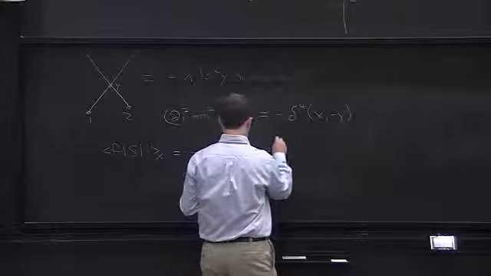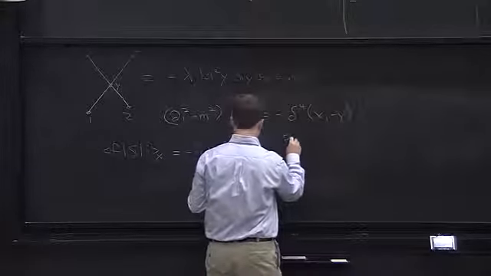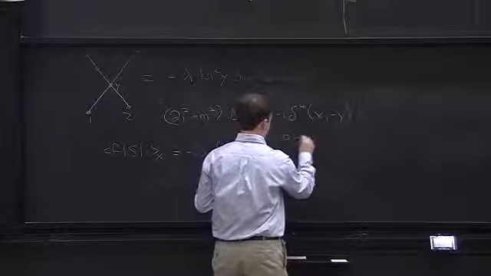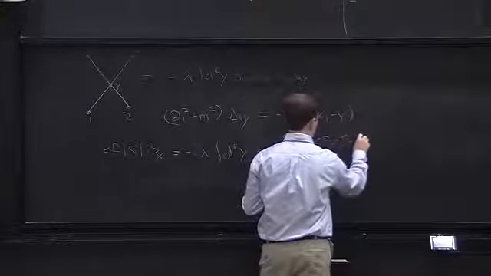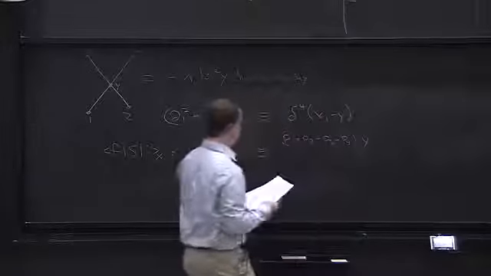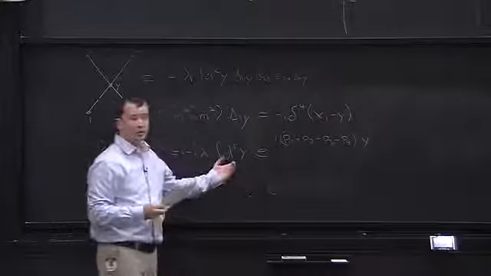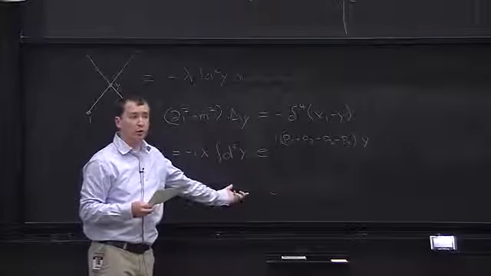And so what we're left with then is just this e to the i p1 plus p2 minus p3 minus p4 times y. And so we get the expected overall momentum conserving delta.